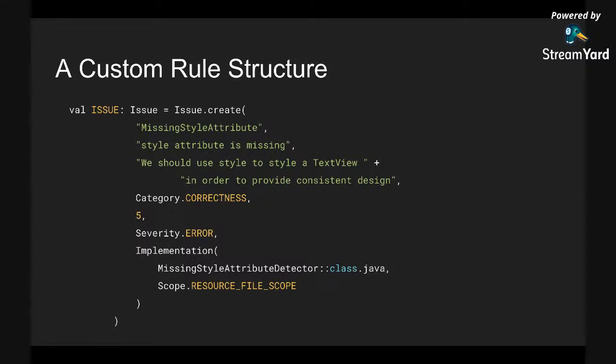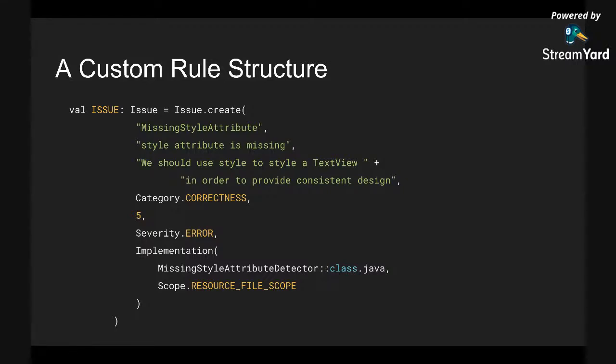The first parameter is your issue ID. This is the unique identifier for your issue. And if ever you need to do anything with this issue, you'll be using this ID. For example, if you want to disable this particular lint rule, you'll be referring to this ID in your lint options.